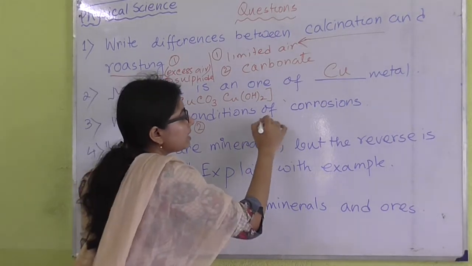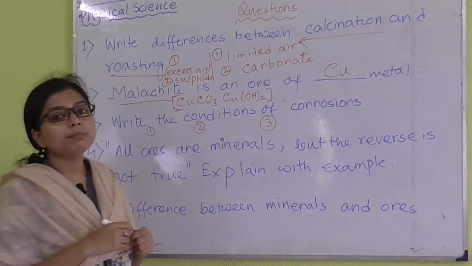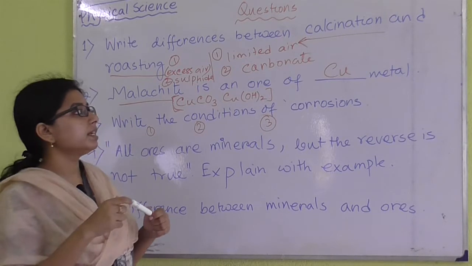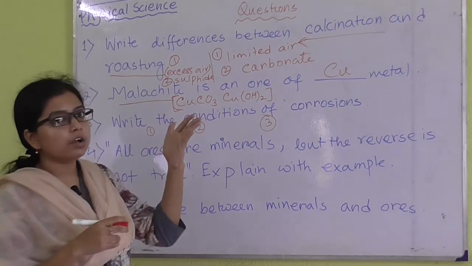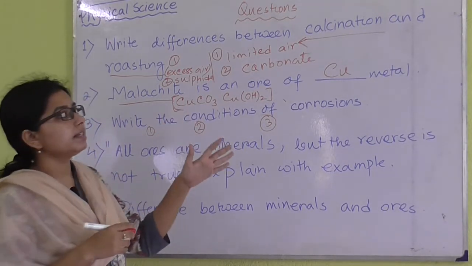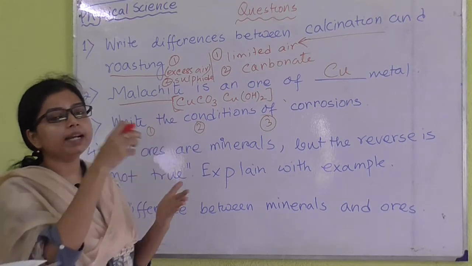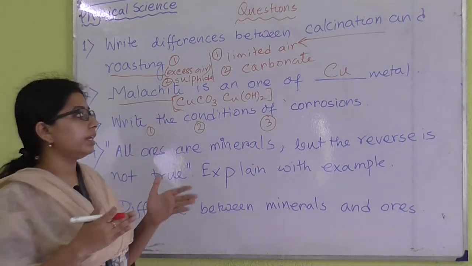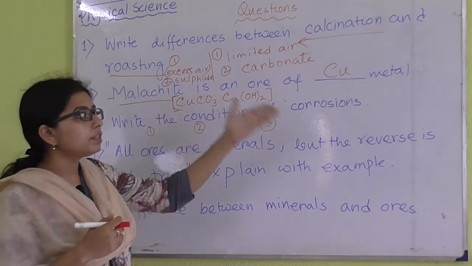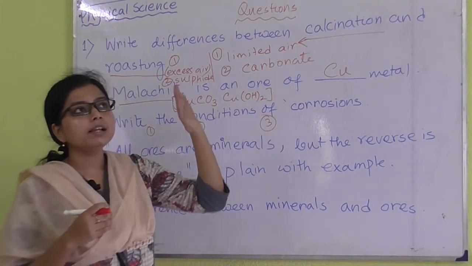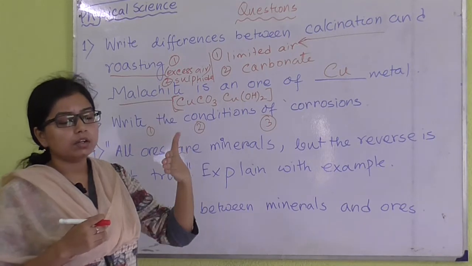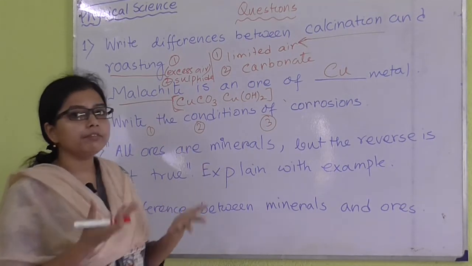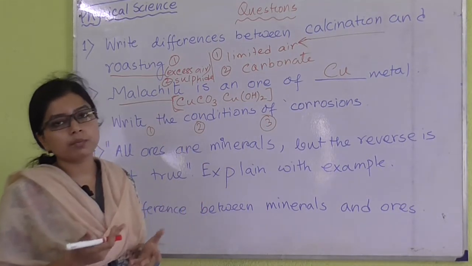Number 3 is the position of the metal within the electrochemical series. Okay, we already read about the electrochemical series. So the metal's position within the series is important for corrosion. If the metal is in the lower position of the series, then we know that the metal is not so reactive.